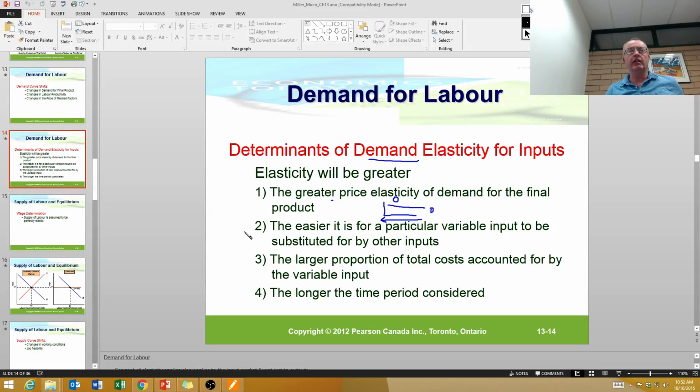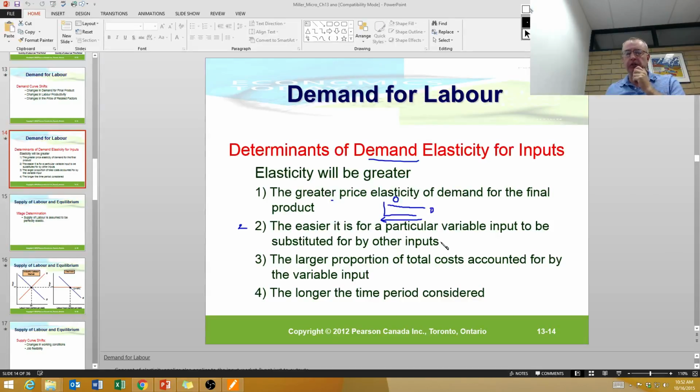Okay, so the second influence on the price elasticity of demand for inputs is how easy it is for the input to be substituted by another input. So the price elasticity of demand for an input is higher if it's easy for an input to be substituted by another input.